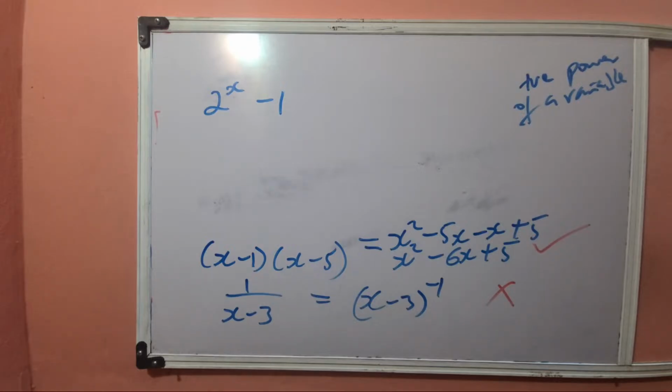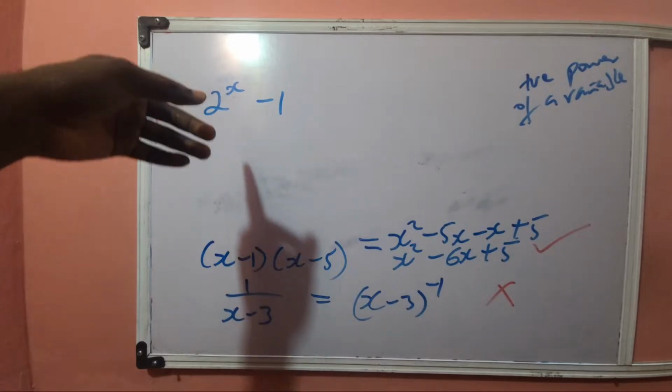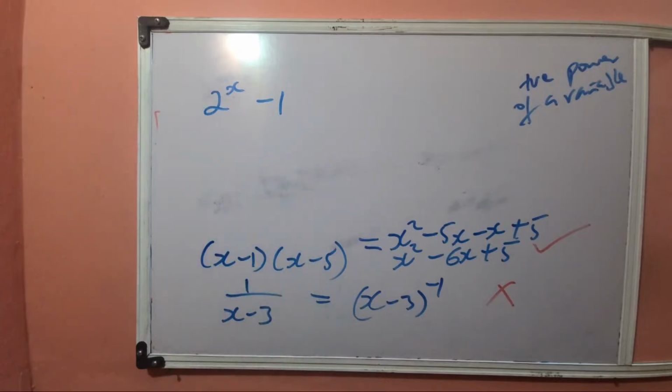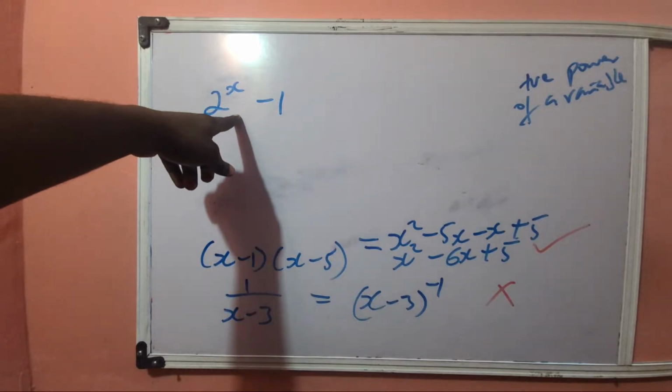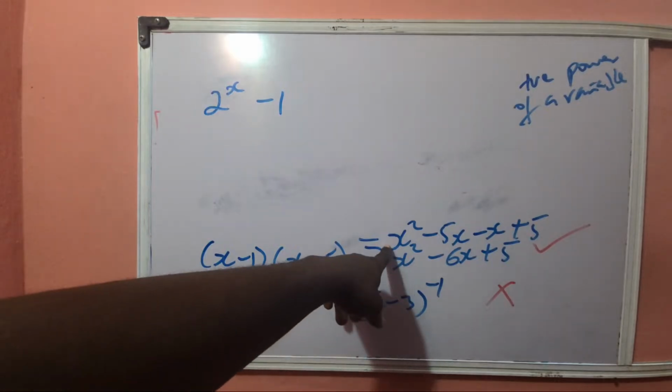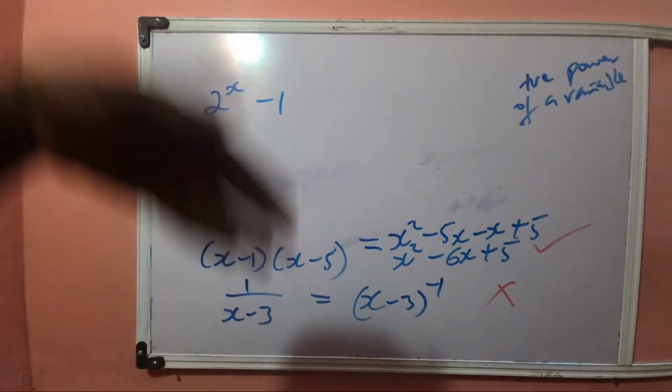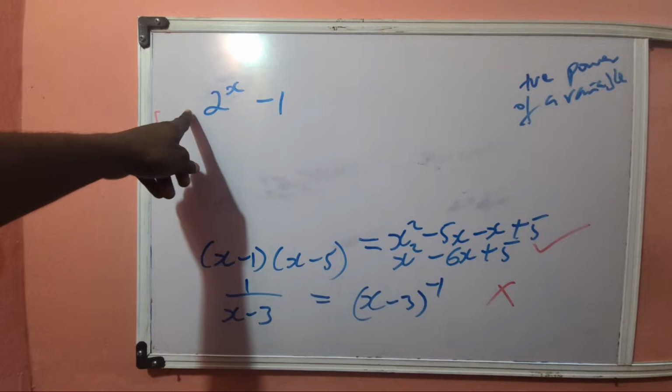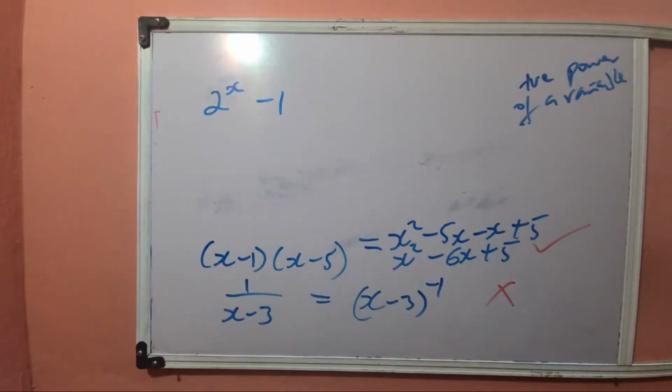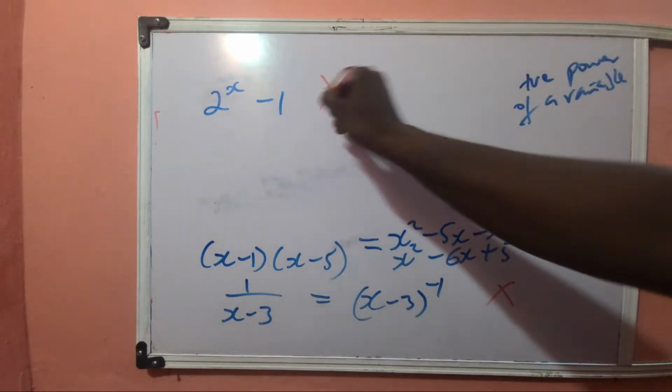In this case, your variable is actually the power. This doesn't relate to what we have known for polynomials. Where it was x, the variable, raised to the power of something, now we're having 2 raised to the power of x. So this clearly is not a polynomial.